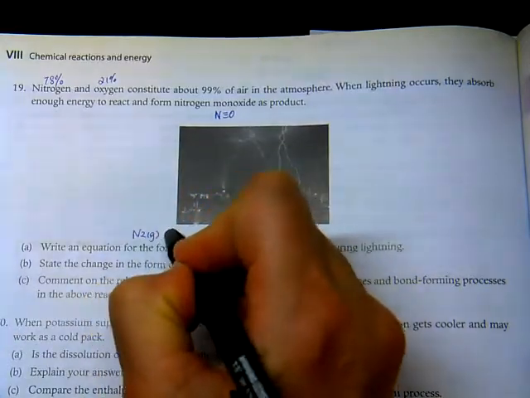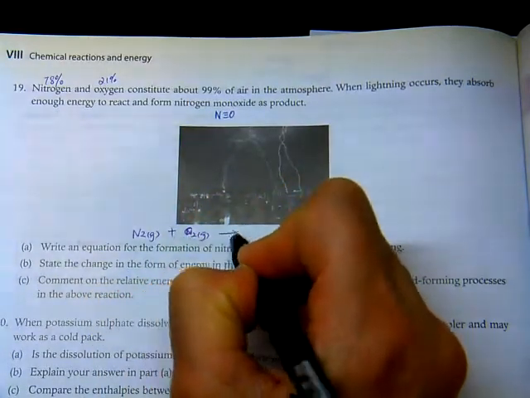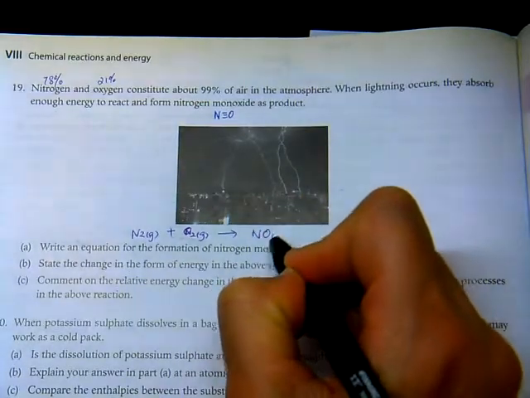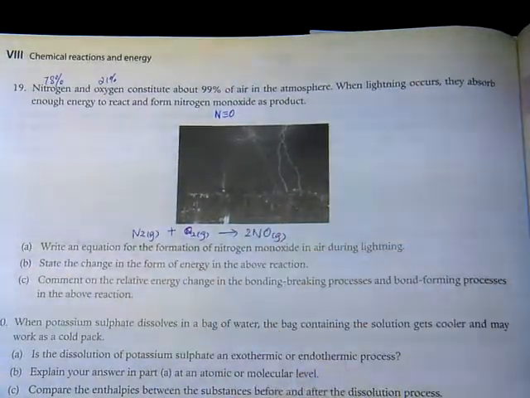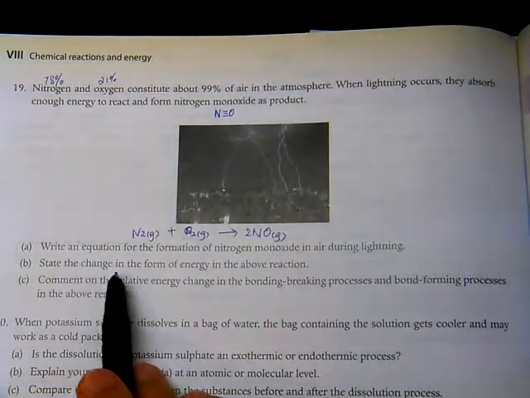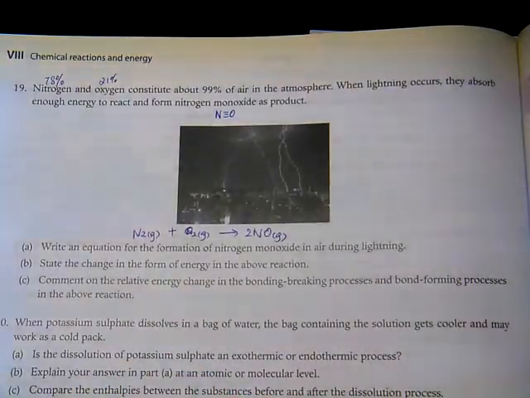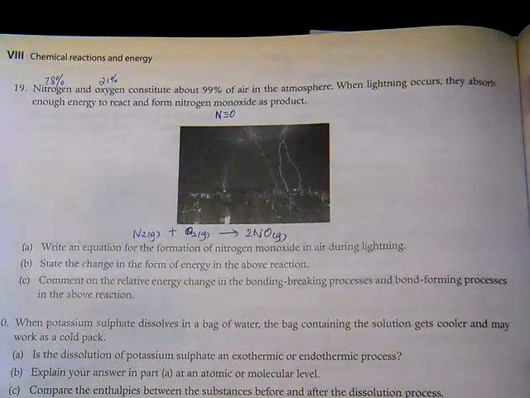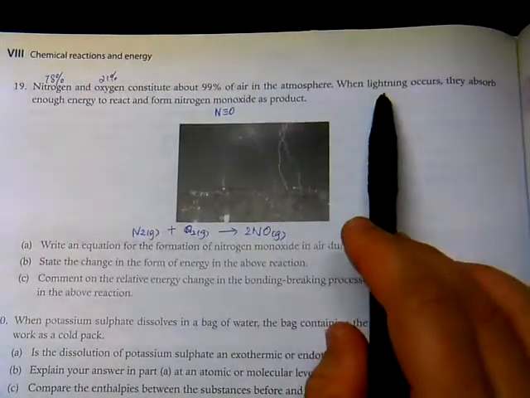Nitrogen gas reacts with oxygen gas to form nitrogen monoxide gas. In order to balance this equation, put 2. Next, state the change in the form of energy in the above reaction. Lightning.